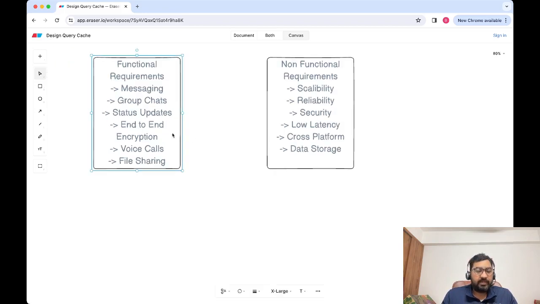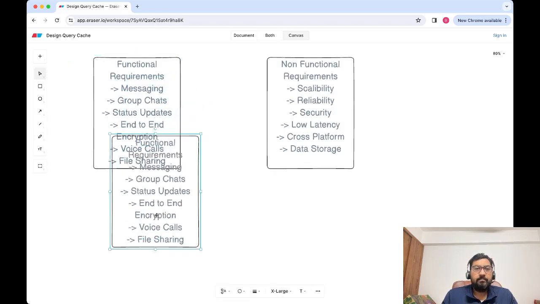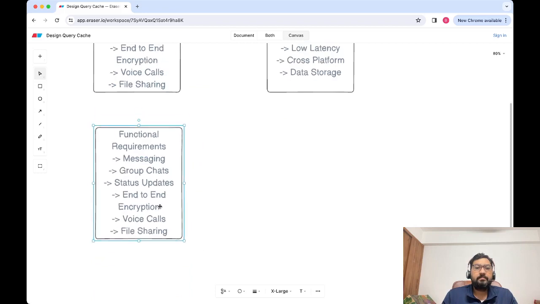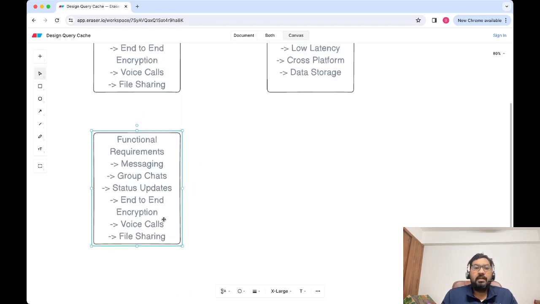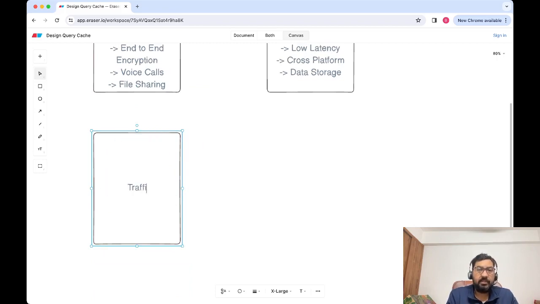Now let's move ahead and talk about the next important thing, that is traffic estimation. The next key point after functional and non-functional requirements is that we need to estimate the traffic.